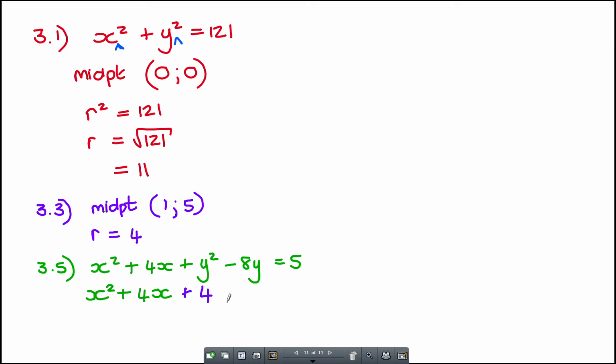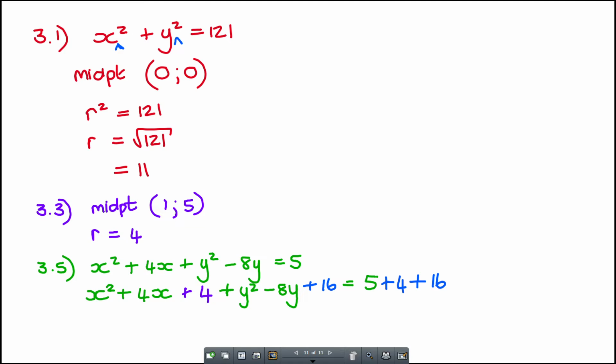Right, dan y kwadraat minus 8y. Okay, and now take minus 8 divided by 2, give me minus 4. That squared will give me 16. Okay, so daar gaan ek 16 bytel. Now on the right hand side, because I added 4 and added 16 on the left hand side, dan moet ek dit ook daar gaan bysit.